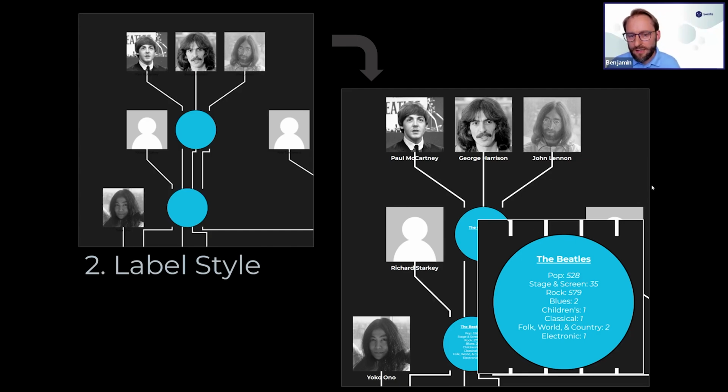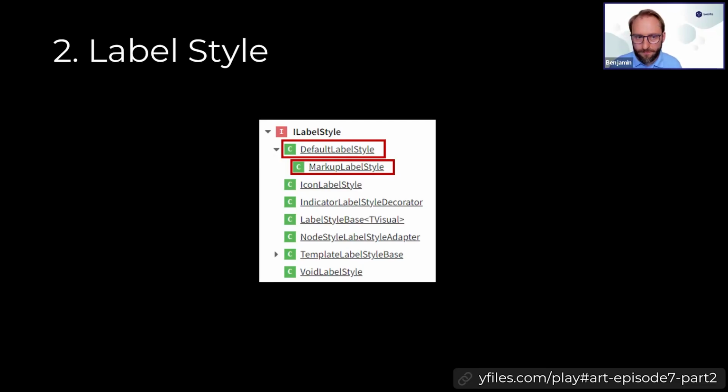And then in the second part, I also want to talk about how to create more complex labels that have some kind of text formatting using a markup language. And to that end, I would like to consider two different ILabelStyle classes, namely the default label style and the markup label style.